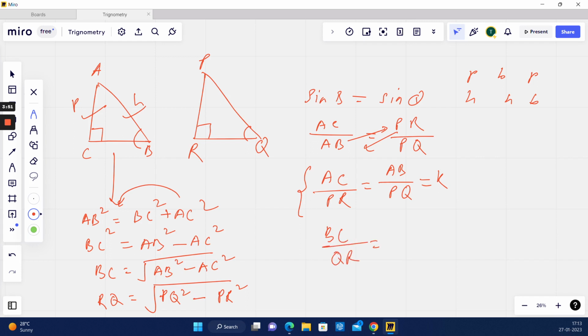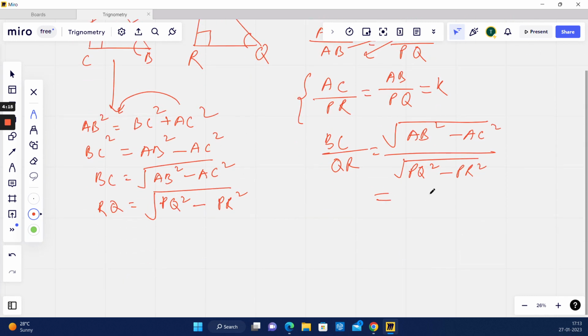What is the value of BC? Under root of AB square minus AC square. Similarly, what is the value of QR? Under root of PQ square minus PR square. If I have to write, give me one moment.